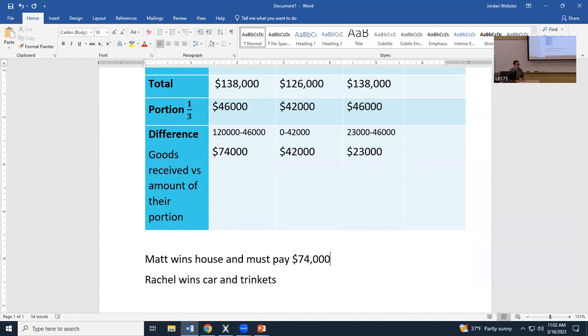Everybody okay with that? Into a pot somewhere. Rachel wins the car and the trinkets. Those didn't add up to what she was owed, right? So she should get paid back. She should get out 23,000.